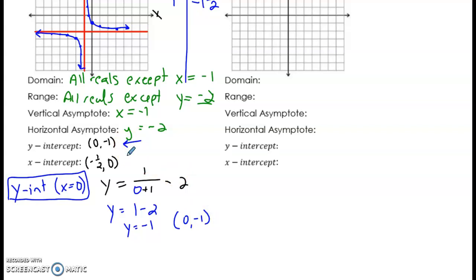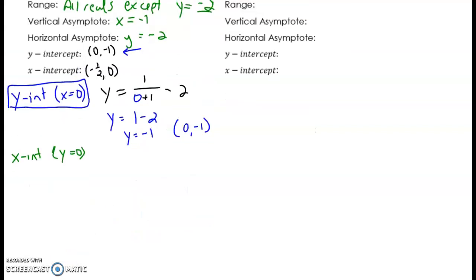Okay, so to find the x-intercept, just do the same thing. This time, plug in 0 for y. So if we take that function, we're going to go 0 equals 1 over x plus 1 minus 2.